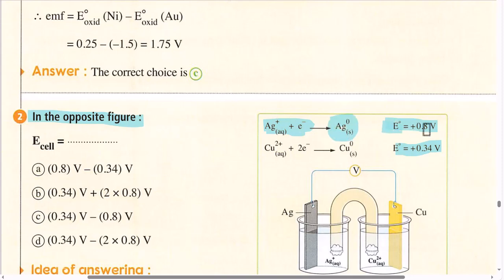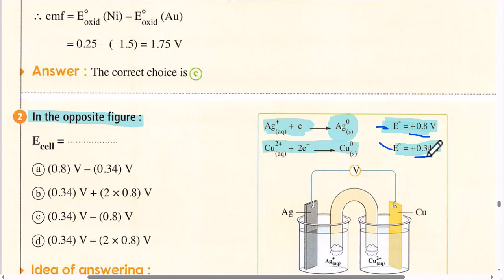So this is a reduction potential, and also here it is a reduction potential of copper. So how can we calculate the electromotive force? By the values of reduction potentials. The reduction value of silver is higher than the reduction value of copper, so the cathode is silver and the anode is copper.